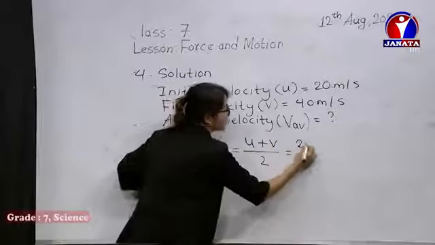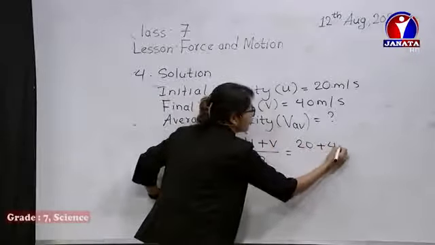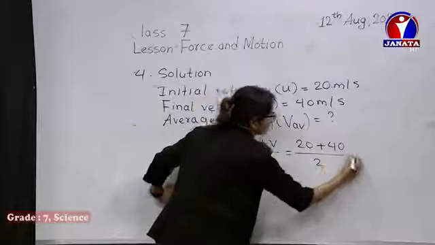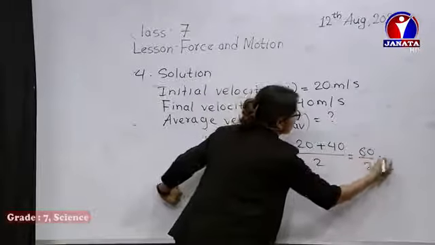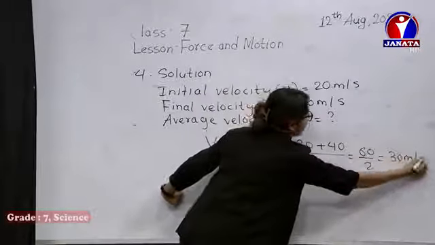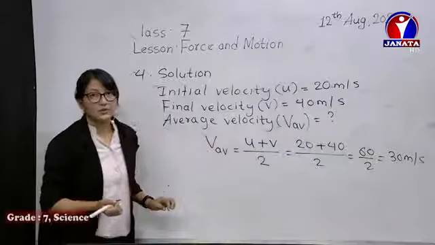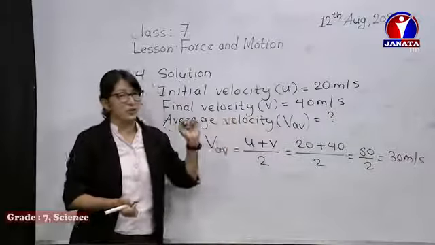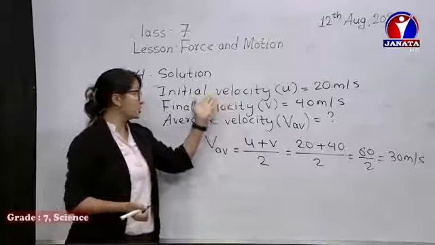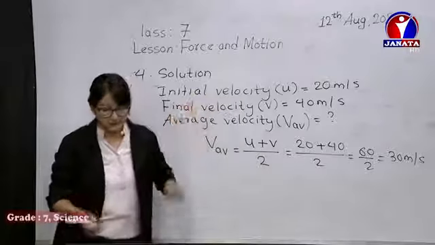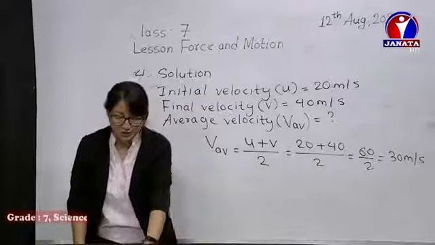So u is 20, v is 40, divided by 2. So simply 60 by 2, it's 30 meter per second. So this is the average velocity in case you are given initial and final velocity.